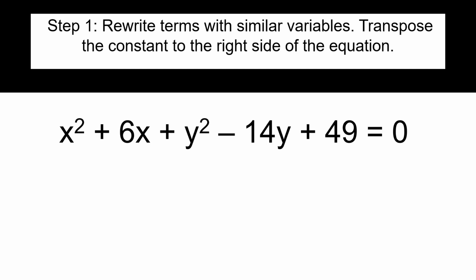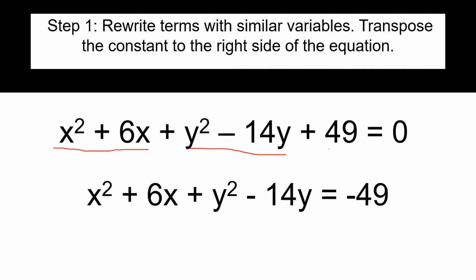So igugrupo natin sila. So we have x squared plus 6x and y squared minus 14y. So sila yung magkakatabi kasi same sila ng variable. And at the same time, we're going to transpose the constant to the right side of the equation. So yung constant natin na positive 49 becomes negative 49.